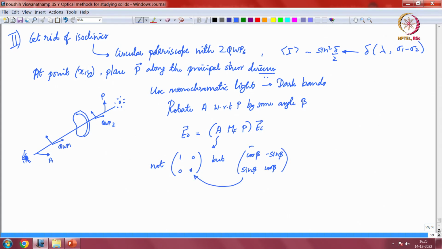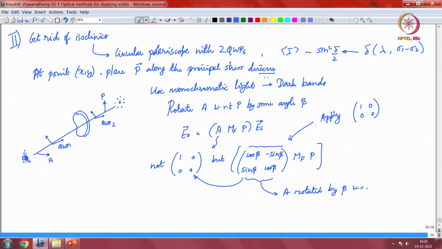So you do this times MF times P, and then to the whole thing you apply 1 0 0 0 if you want a dark field, a dark fringe in the dark field. And this matrix comes up because the A is rotated by beta with respect to the x axis.